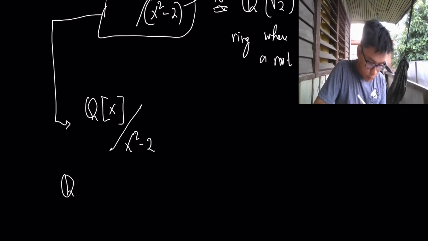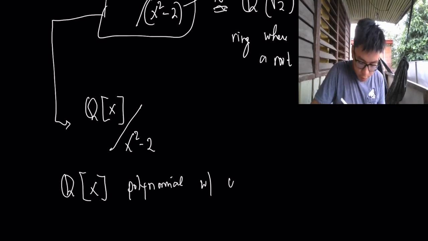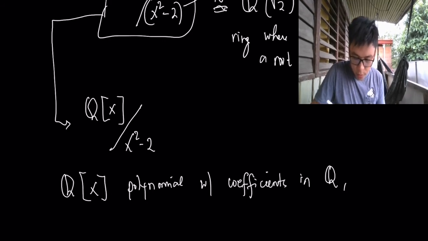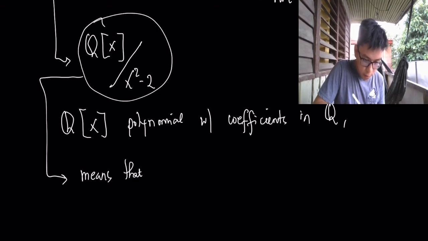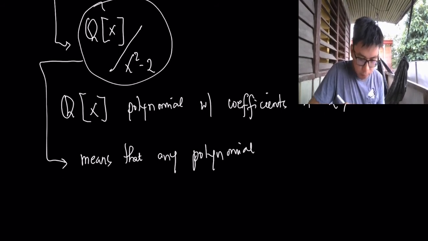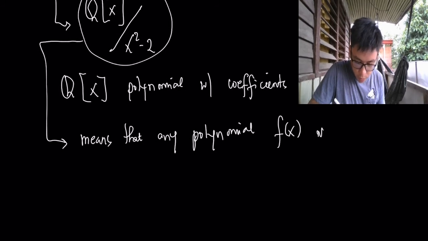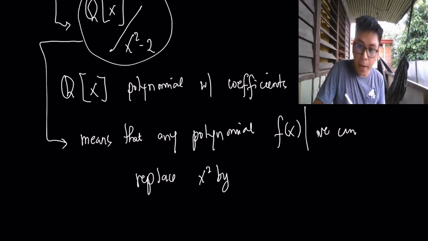This means that Q square bracket x is the polynomials with coefficients in Q, and this notation means that in any polynomial f of x, we can replace x squared by 2.